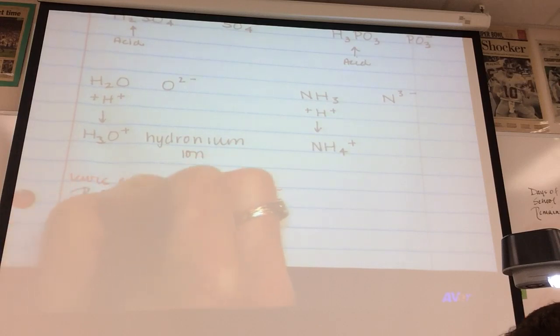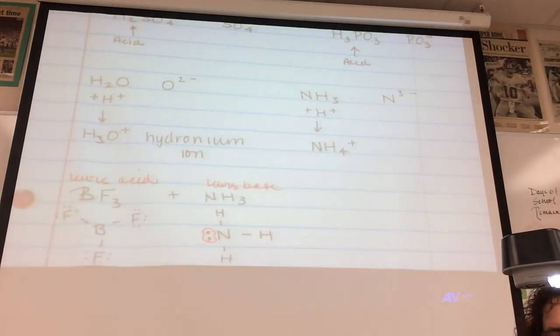And for those of you who go on to take AP Bio, you'll learn about the final electron acceptor in the electron transport chain. And so if it's the final electron acceptor, then that substance will be a Lewis acid. Not something I'll assess you on here, but there are 3 definitions for acid and base: Arrhenius, Bronsted-Lowry, and Lewis.